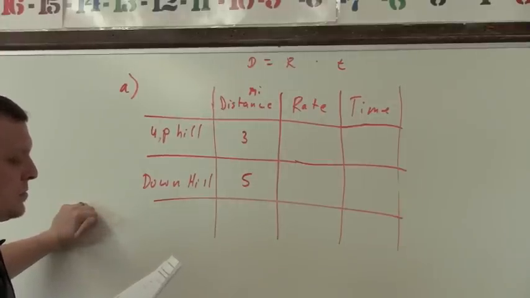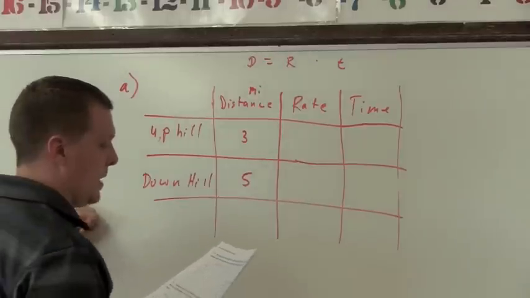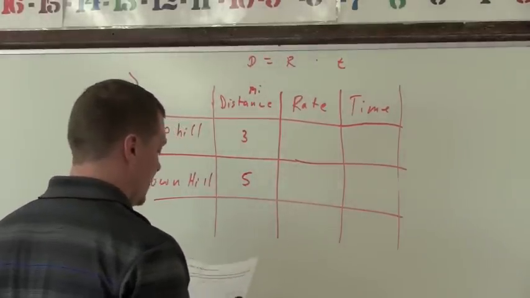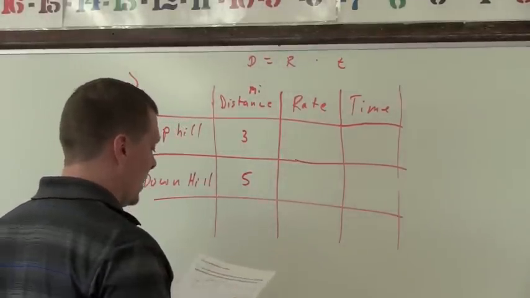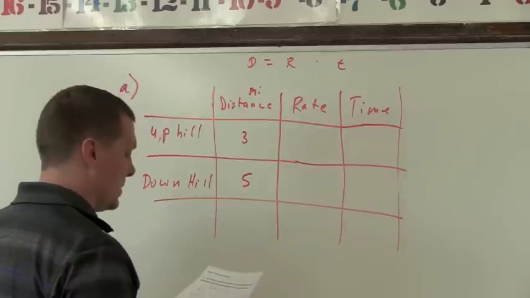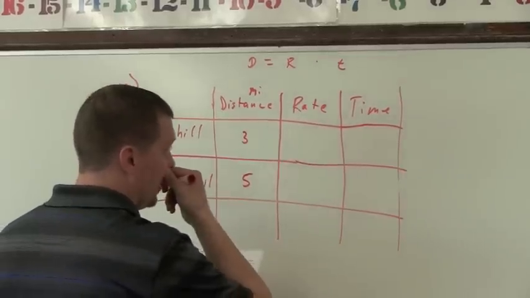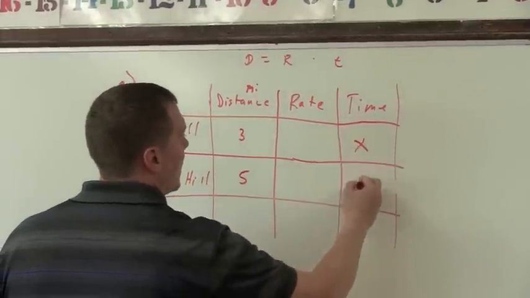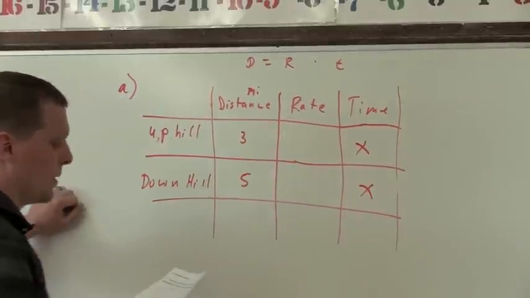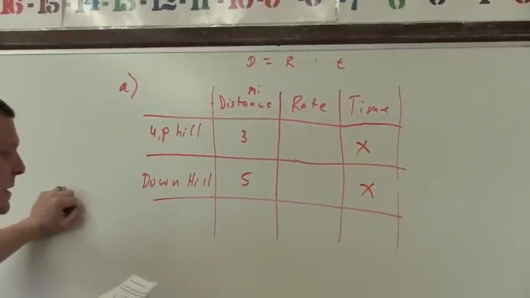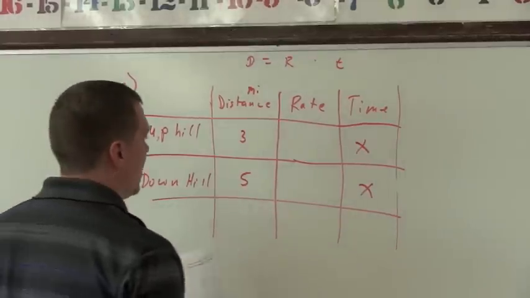She jogs at a rate, and we're looking for rate. We don't know how much time it takes her, so we're going to let x be the time. We know that she can jog 3 miles uphill.